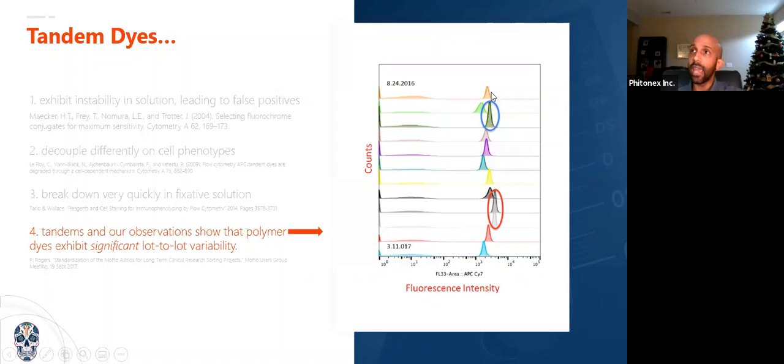This is the same antigen on the same color tandem, APC-Cy7, just from different lots, and we can see how much variation there is between those lots. So if you're doing compensation or multiple experiments that you want to compare, you've got to use the same color, same antigen from the same lot when you're dealing with tandem dyes. And all of that can be quite a pain.